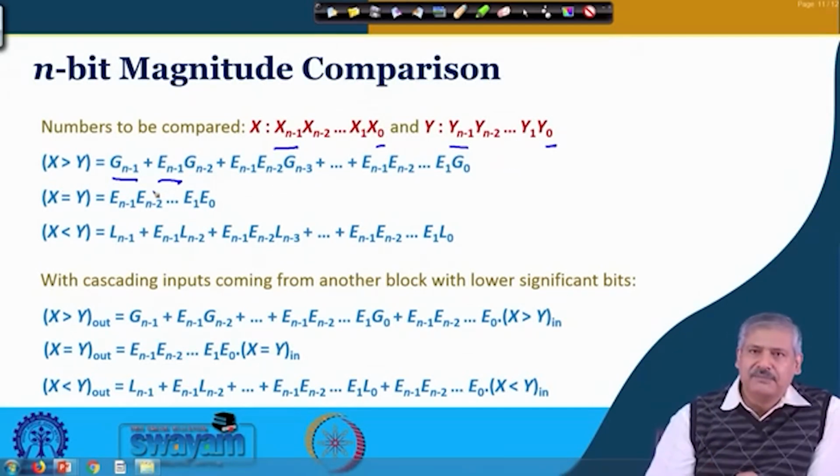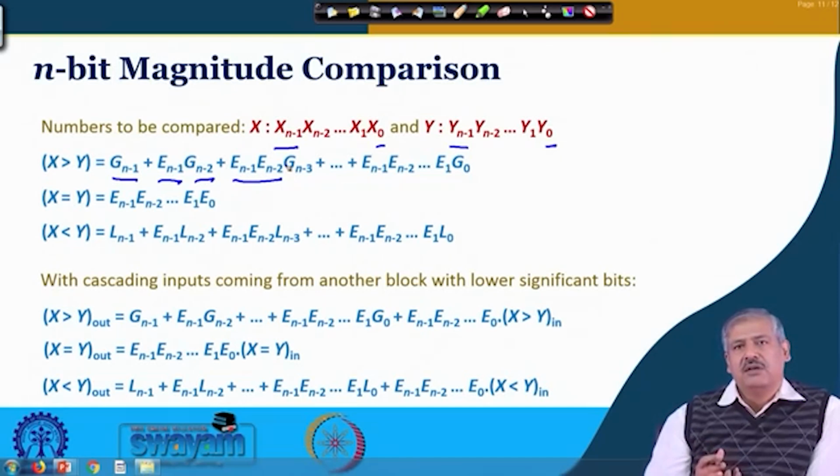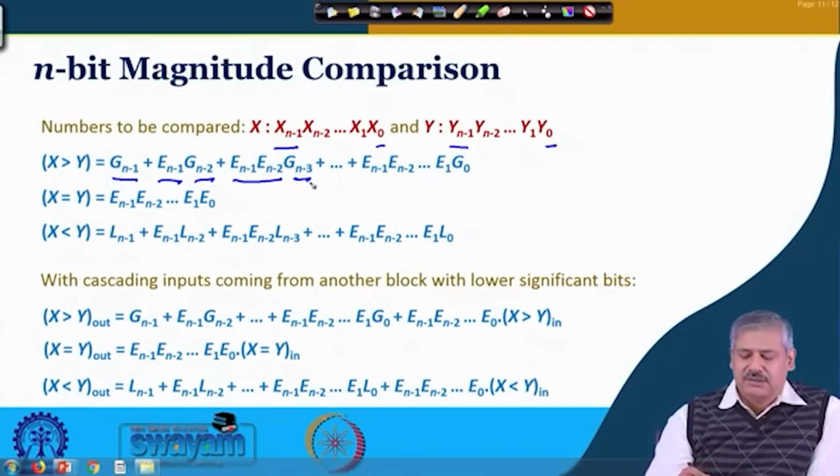If they are equal, okay, then you look at the next significant bit. If the next significant bit is also equal, that is E(n-1) ANDed with E(n-2), that tells that both the most significant bit and next most significant bit are equal. Then you look at the next significant bit, whether that is more than the other or not.